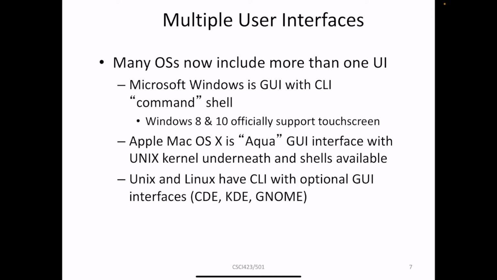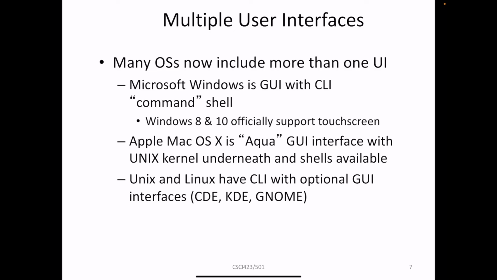Nowadays, most operating systems support multiple user interfaces. For example, previous versions of Windows support both GUI and the command line interface. And Windows 8 and 10 officially support touch screen and even voice command, as we just mentioned.